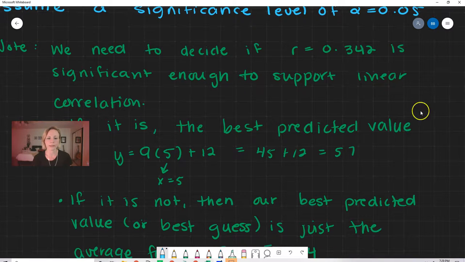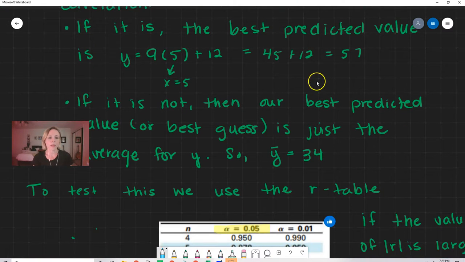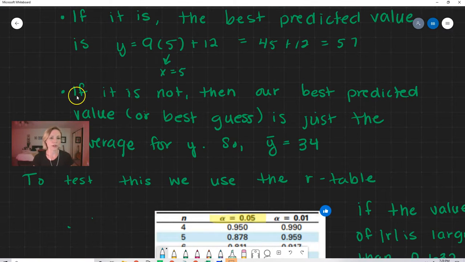We're just plugging x into the equation. So it's 9 times 5, since x is equal to 5, which is 45, plus 12, which is 57. If the correlation coefficient isn't strong enough, then we're just going to use our best guess, y bar equals 35, the average of the y's.